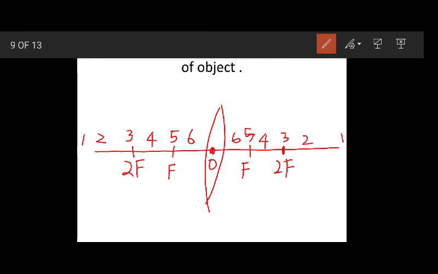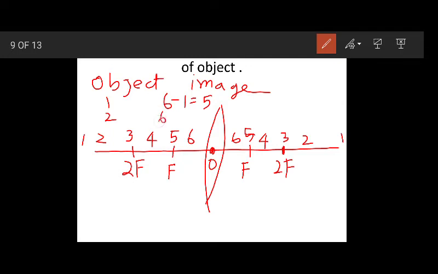So when you place the object, this is the image position. When you place the object at position 1, then the image will be formed at 6 minus object position, that is 5. And when you place the object at position 2, the image will be formed at 6 minus 2, that is 4 position.